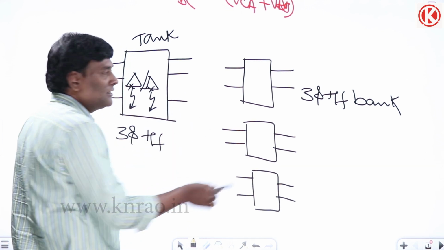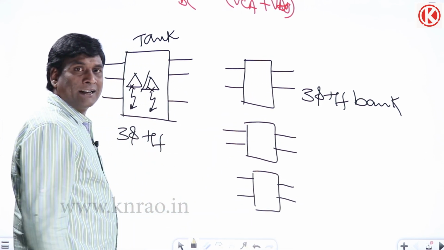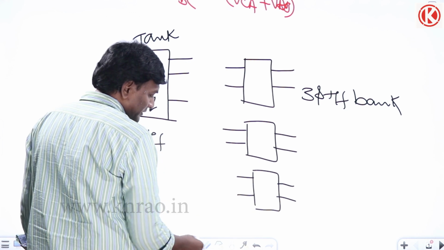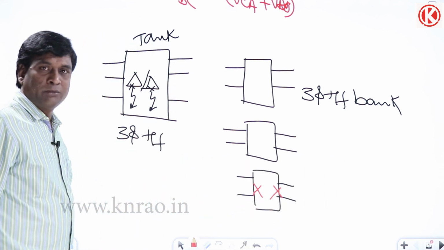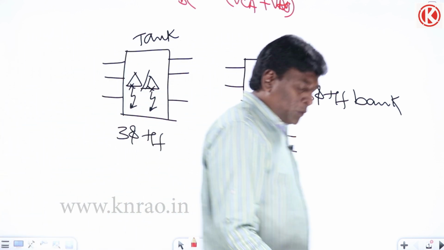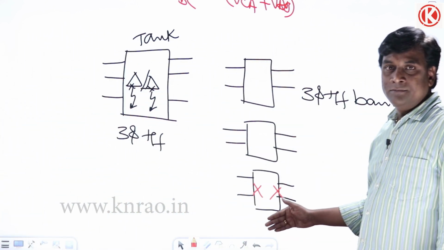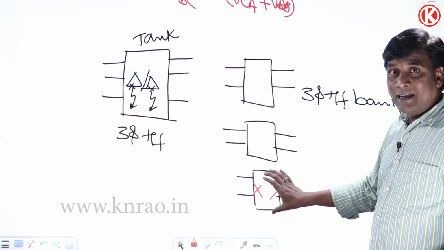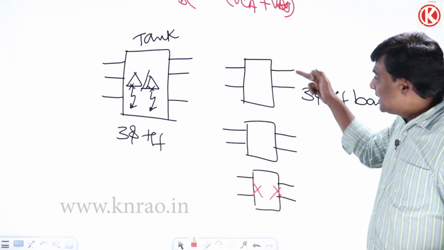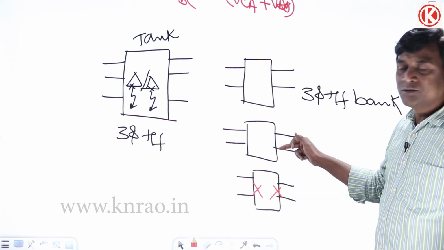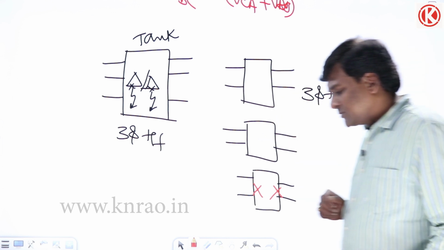Ultimately these two are going to be connected in delta. So in this case, if this transformer fails, what can happen? Because some fault happened here, I can remove this and send it for repair work, and by having the remaining two transformers, I'll be able to maintain three-phase power.